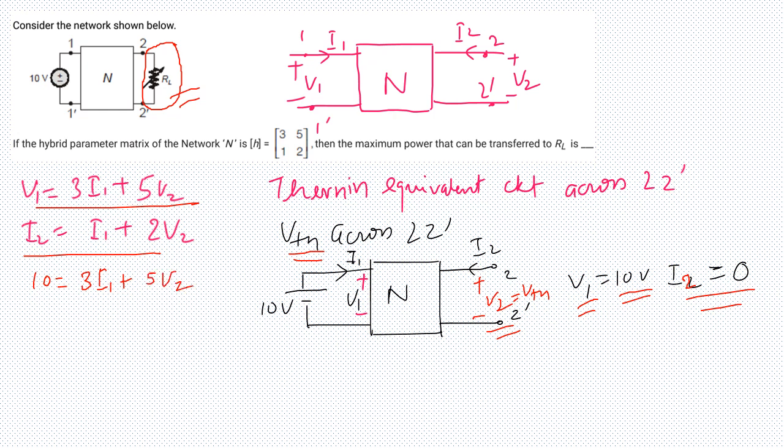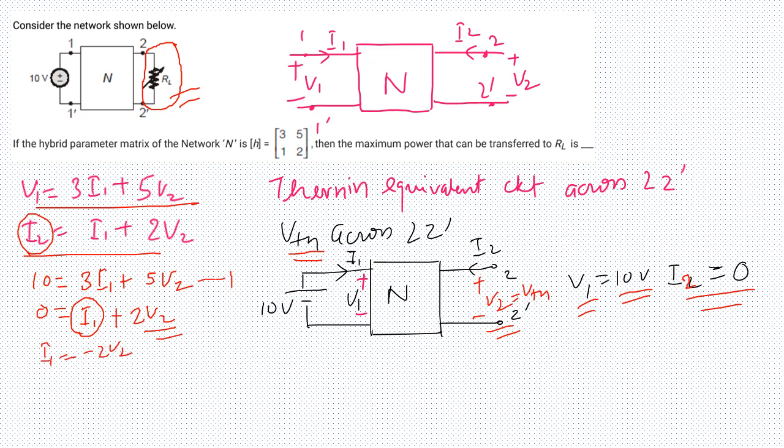In the second equation, I2 is 0, so 0 equals I1 plus 2 V2. From here I1 is equal to minus 2 V2.